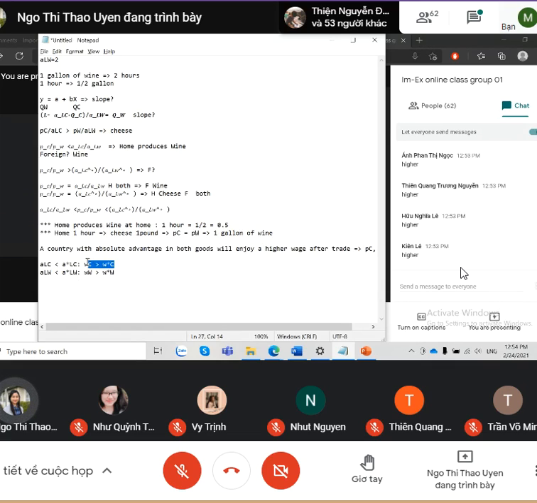And in the long run, the wage of cheese and the wage of wine in home will be equal. So the wage of home is higher than the wage of foreign in the long run. So it's true. Understand, everyone?